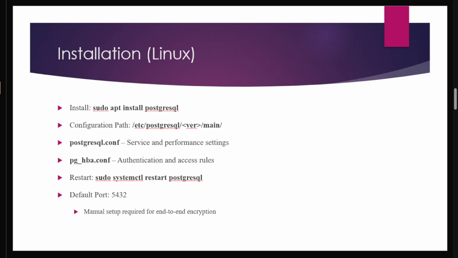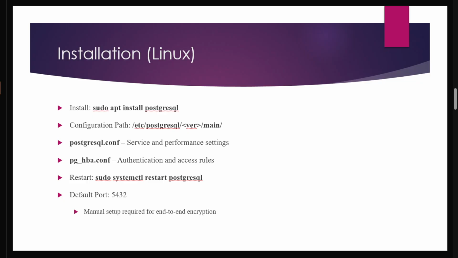Okay, here's installation. Installing PostgreSQL on Linux is straightforward and only takes a few steps. So you start by running the command sudo apt install postgresql, which downloads and installs the database service. And then once installed, the main configuration files are stored under this pathway.